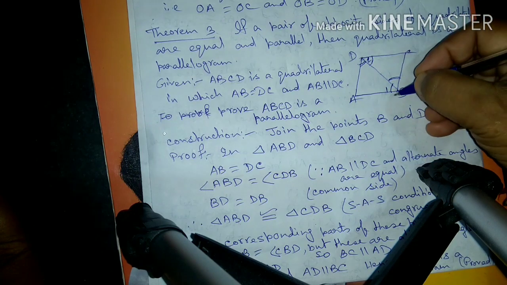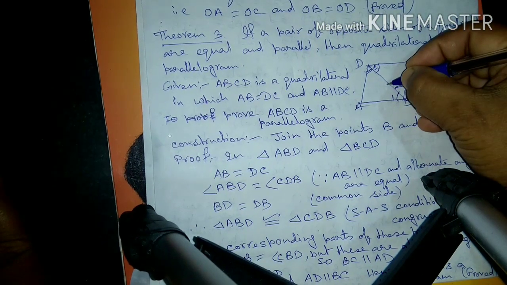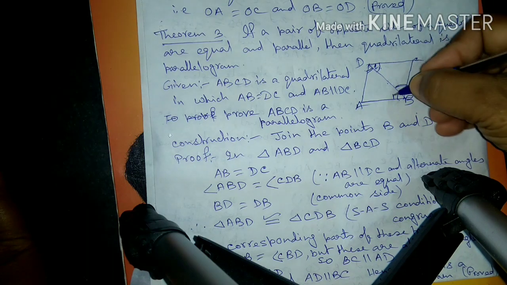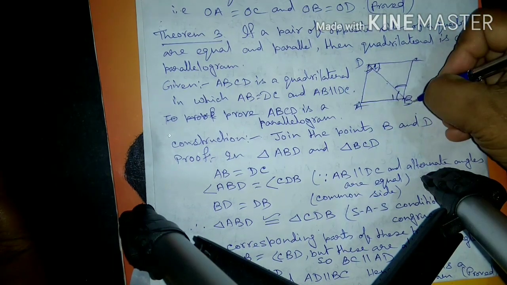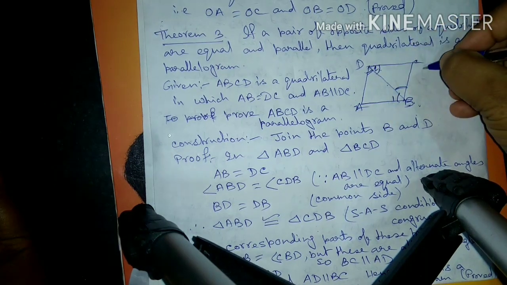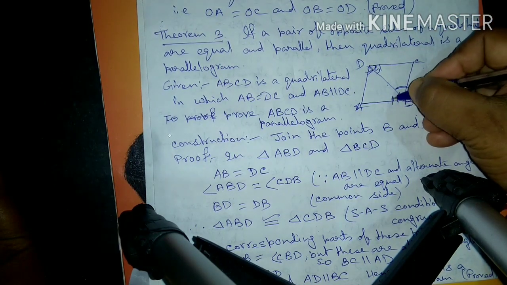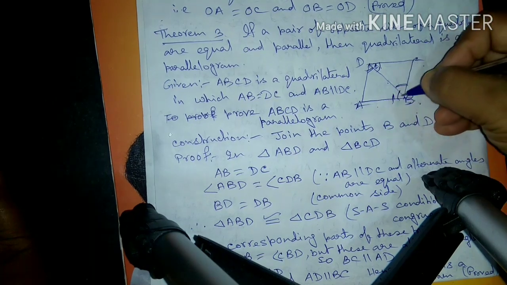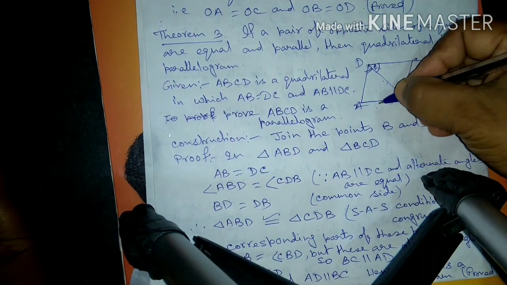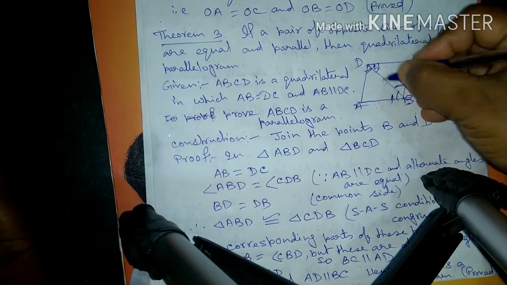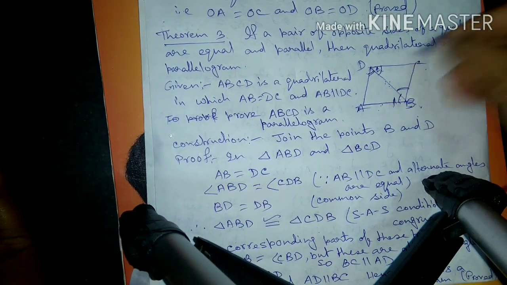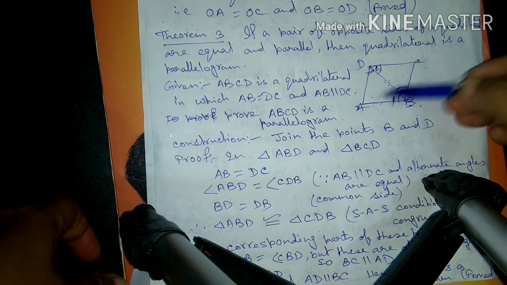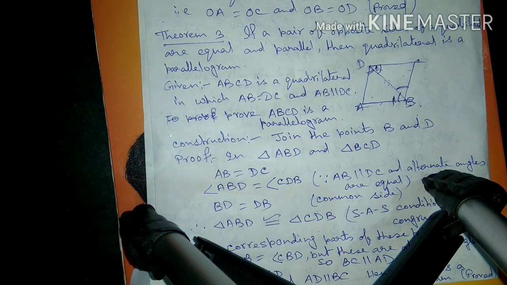So what we get? Once again you see angle, side, angle. Or what? Sorry, what we get? This is side: side AB is equal to DC. Then angle: angle 1 is equal to angle 2. So side, angle, side. That means from the SAS condition of congruency, we can say that these two triangles are congruent.